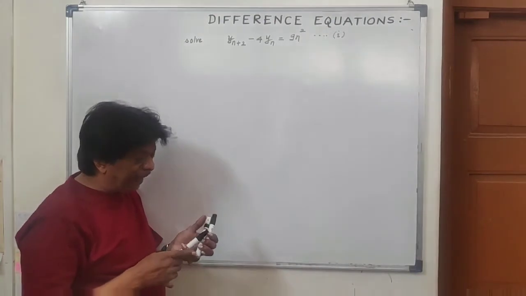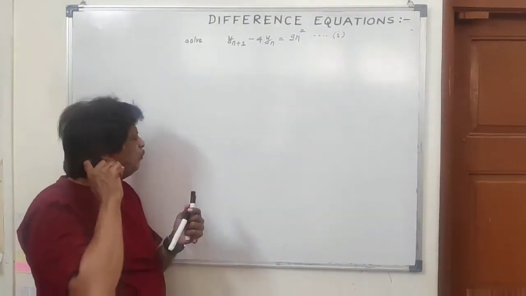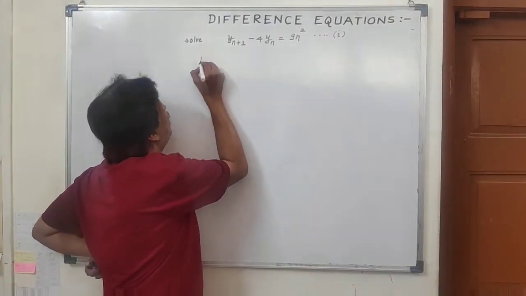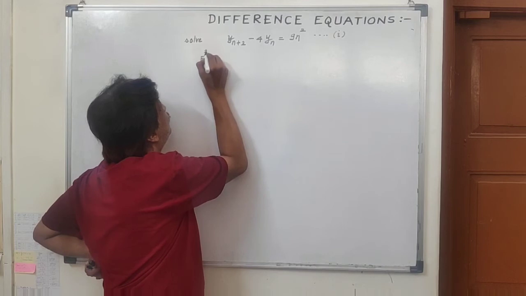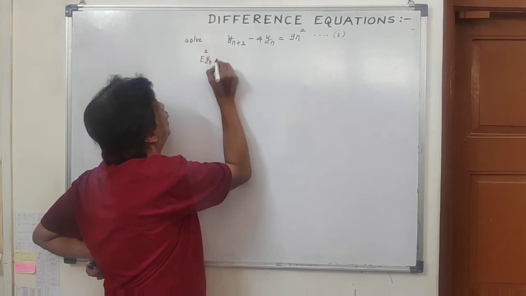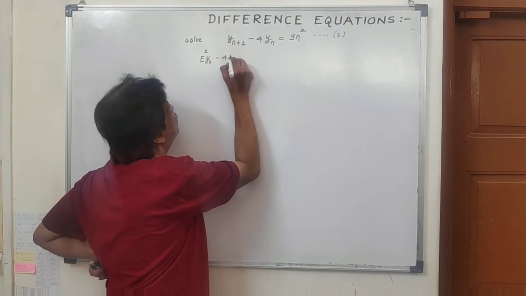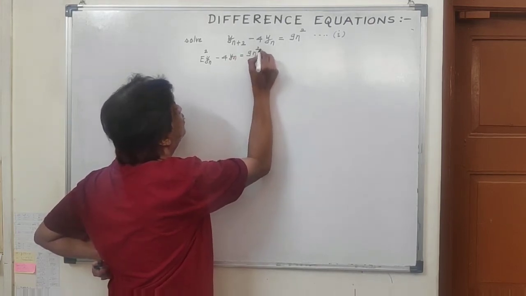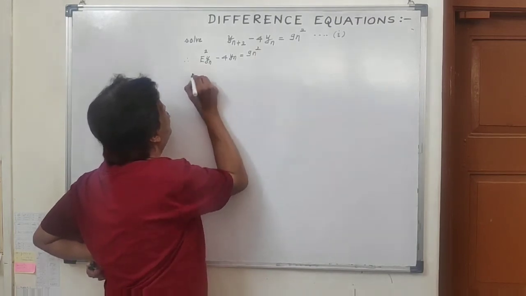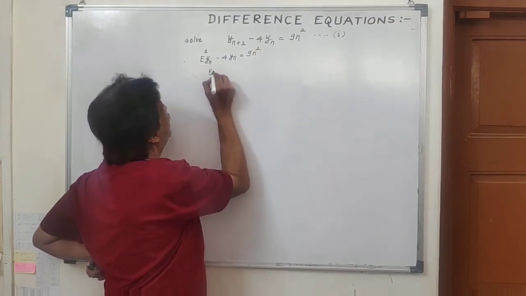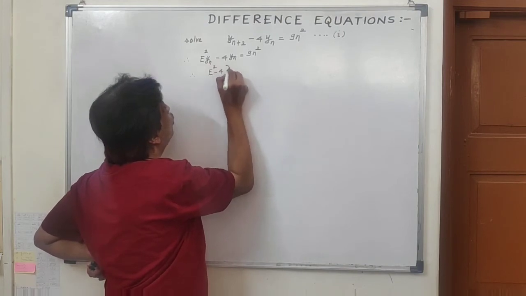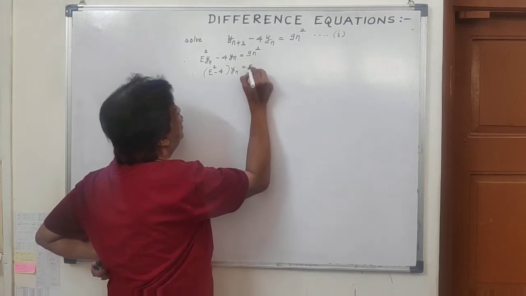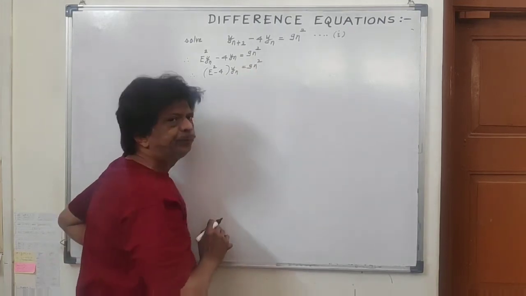Let me express this in the form of the shift operator. y n plus 2 means E square of y n, minus 4 times y n is equal to 9n square. That is further E square minus 4 operating on y n is equal to 9n square.